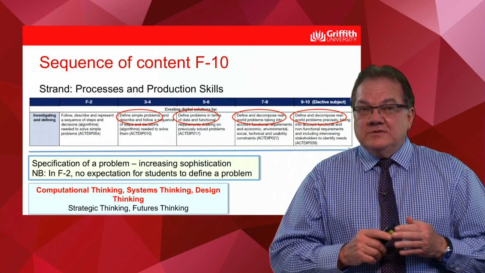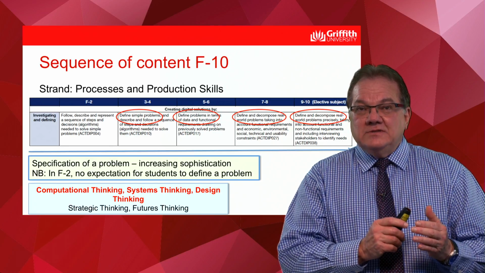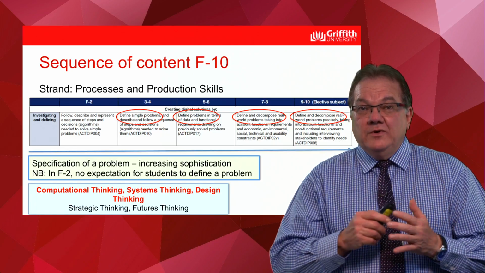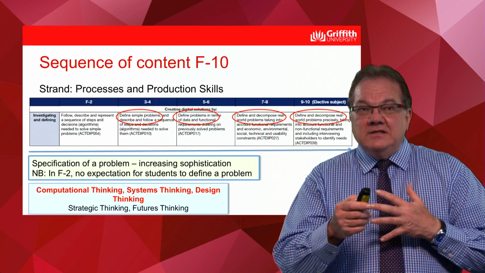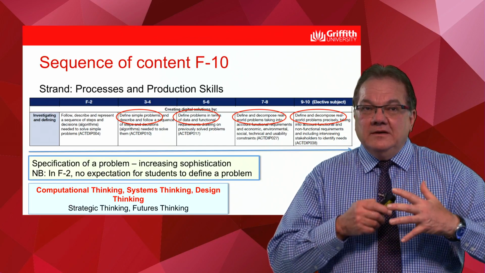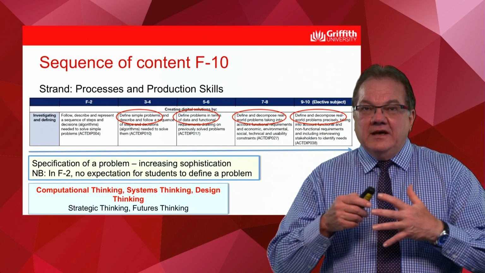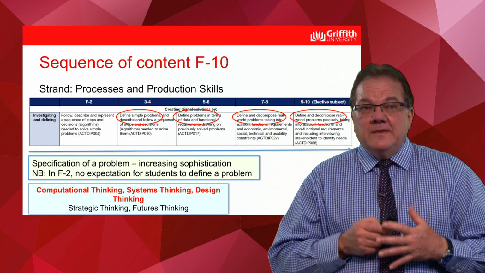In terms of the sequence of content F to 10, we've got participants in this course who are from prep through to year 10. So if you have a look at the expectations around investigating and defining, you'll notice that there's an increasing sophistication related to the specification of a problem from F to 10.